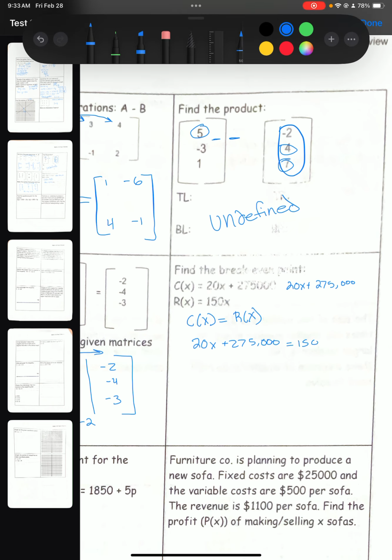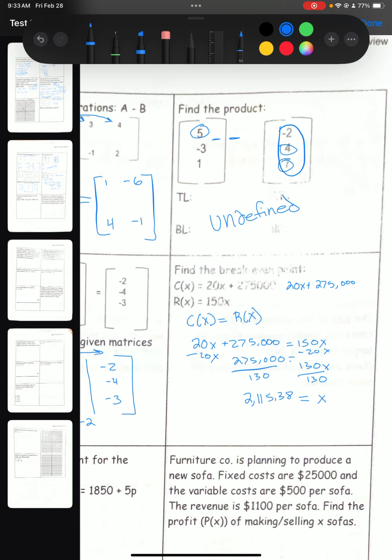equals 150x. And from there, we're going to subtract that 20x from both sides, leaving us 130x on that right. And then we divide by 130, so we have x equals about 2,115.38.